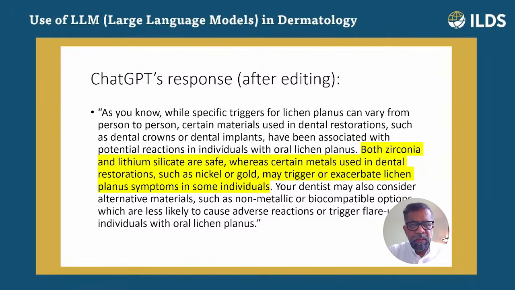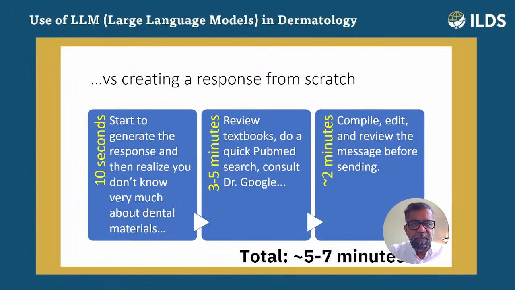Notice it covers lichen planus triggers and safe materials, like zirconia is good, nickel is bad, and it mentions non-metallic alternatives. Compare this to spending 5 to 7 minutes searching PubMed, drafting from scratch, second guessing yourself, and then getting distracted by a different portal message.